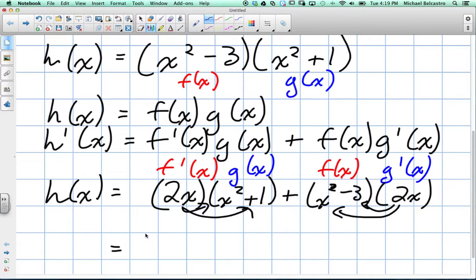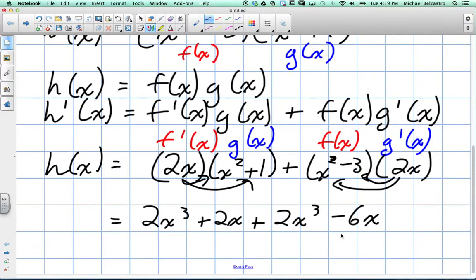So this becomes 2x cubed plus 2x, right? That's the derivative. And for the other one, we get added to 2x cubed minus 6x. Does that make sense? And we collect like terms, and our new function ends up being 4x cubed minus 4x.